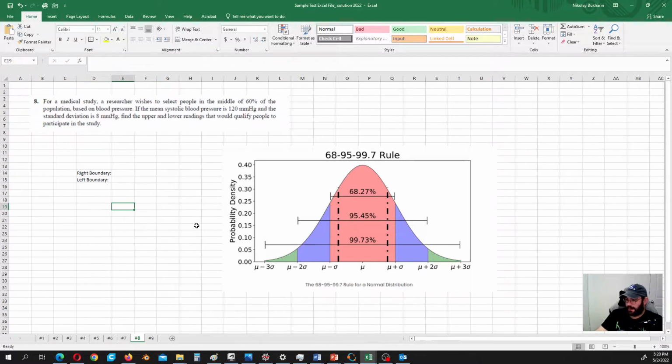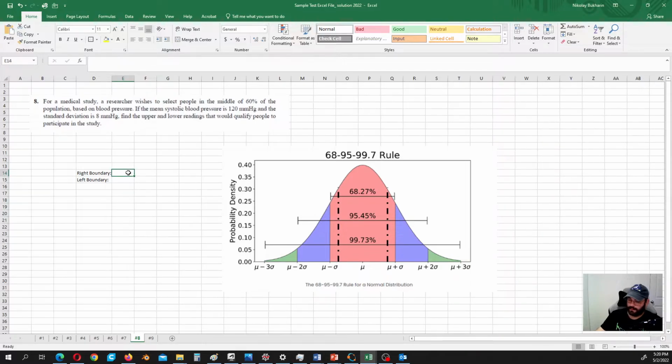We can find those z-scores and then recalculate them to the pressure, because that's what we need: the right boundary and the left boundary. So this is the right boundary and this is the left boundary.